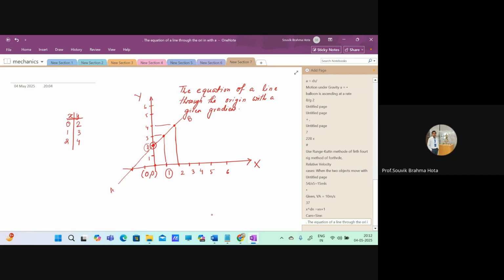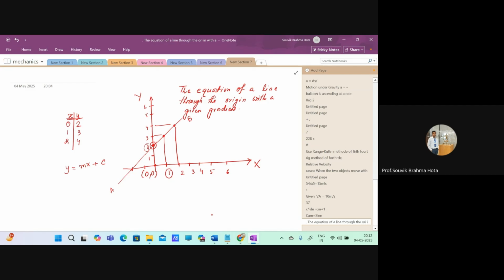So what we can do in this case is arbitrarily plot a graph and analyze those coordinates. After that, if you want to make an equation, what you can write for this straight line is y is equal to mx plus c, which is basically quite obvious.